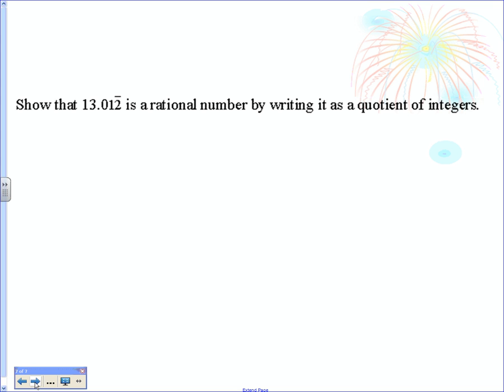13.012 repeating is a rational number. They say it is. We're going to prove that it is. What is the very first step? Write the number as a decimal. Do you agree?